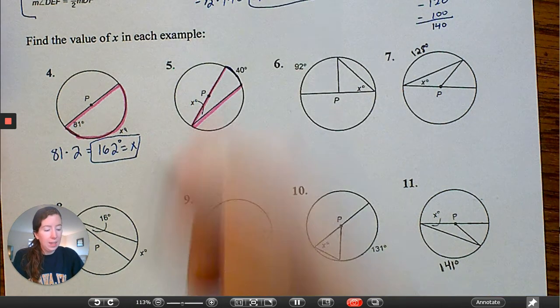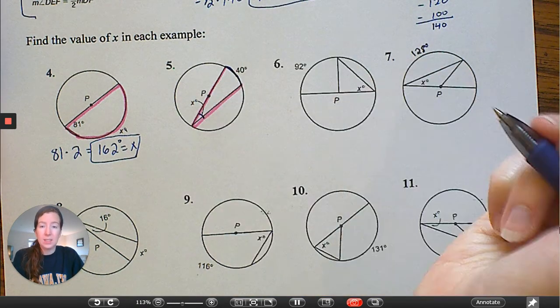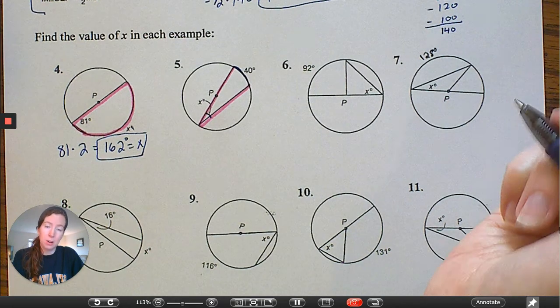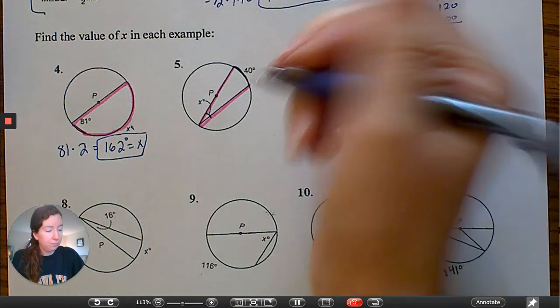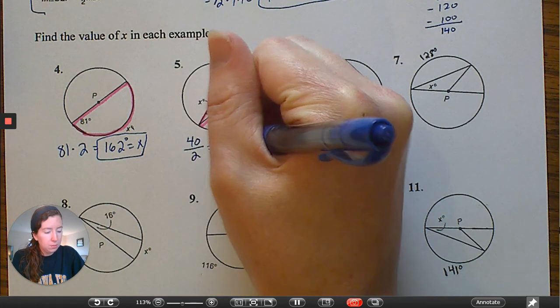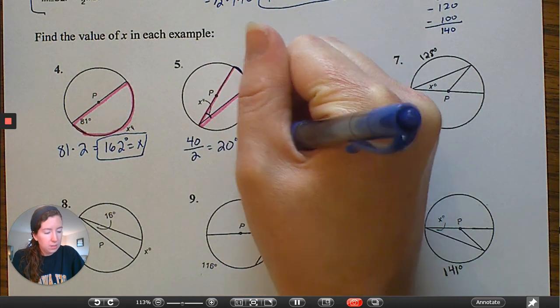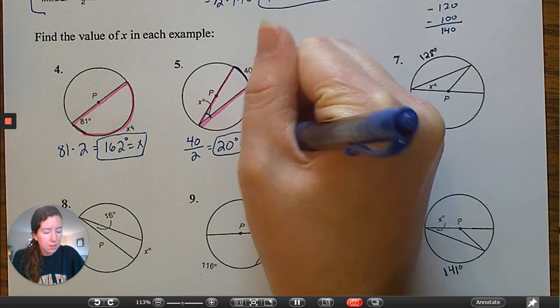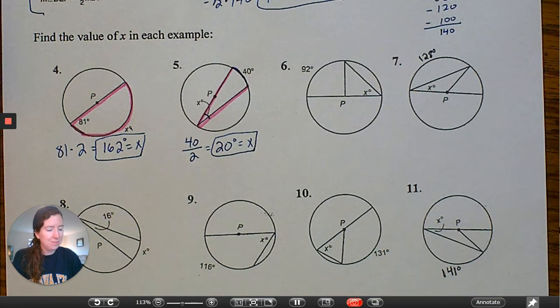So to find the angle, I need to divide my intercepted arc by 2. So 40 divided by 2 is 20 degrees, and that's the value of x.